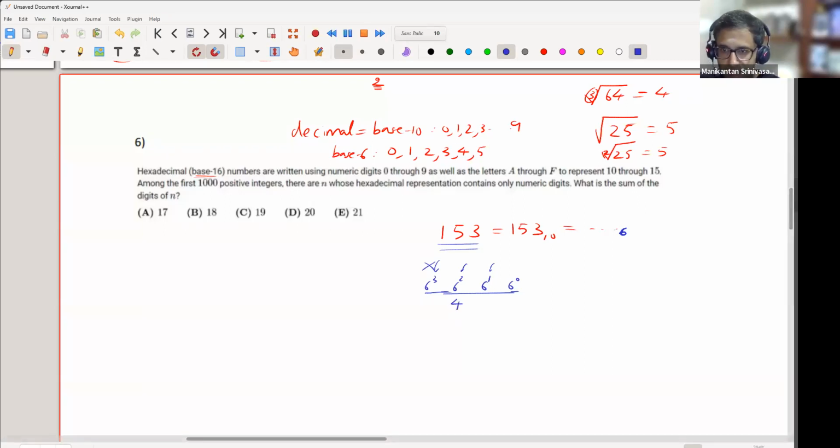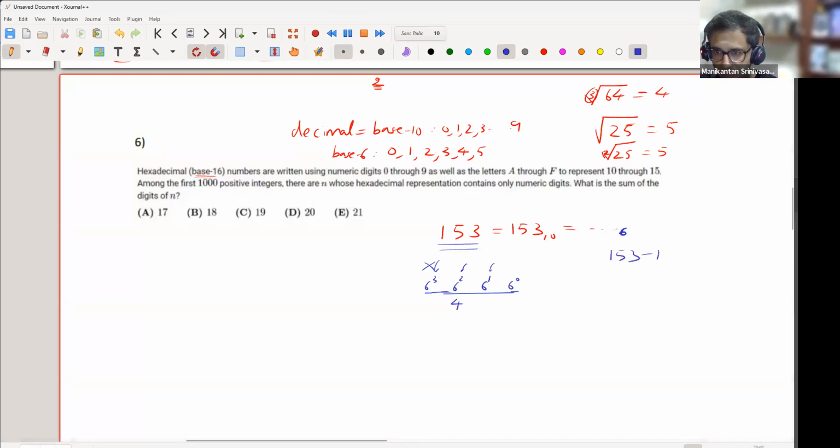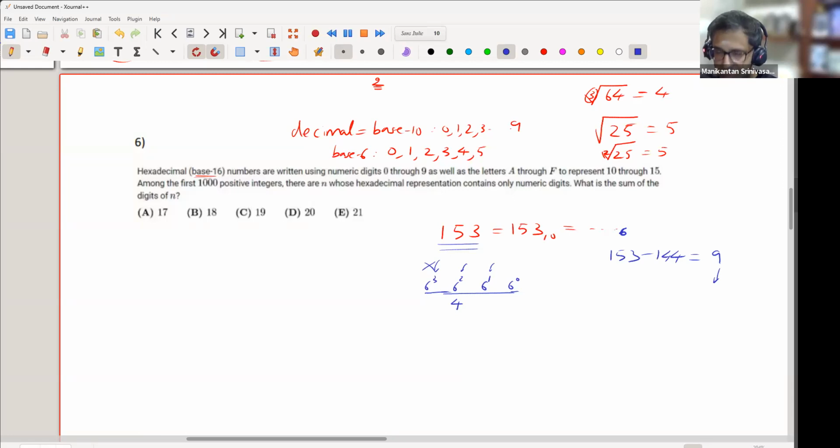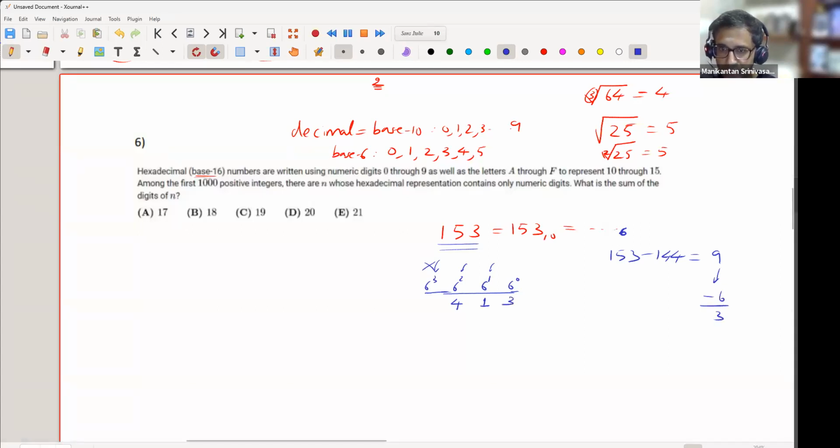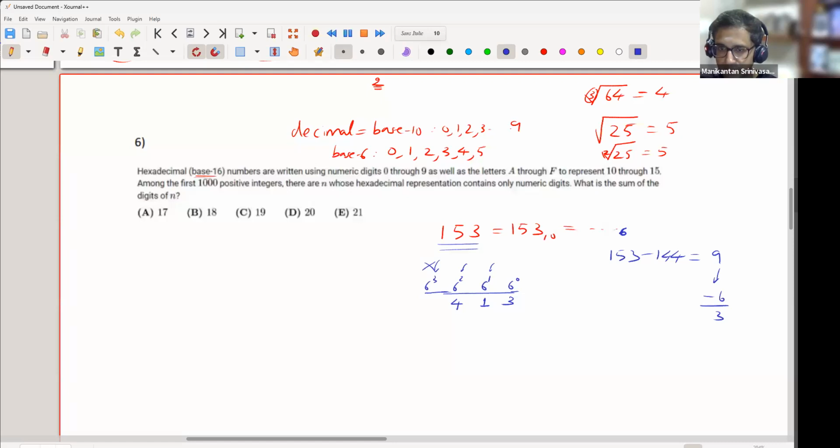Now what is the balance? If we subtract 153 minus 144, we have another 9 more to cover. What is the multiple of 6 which is just less than 9? The first multiple. So we put a 1 here. We subtract 6, the balance is 3, and that's the units place. So 413 becomes the number in base 6. Does it make sense, guys?